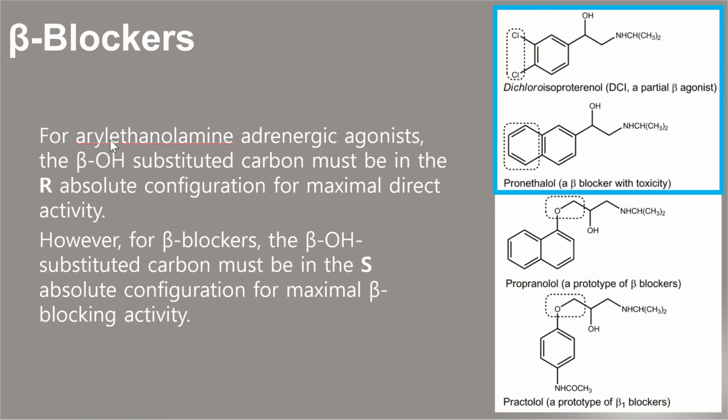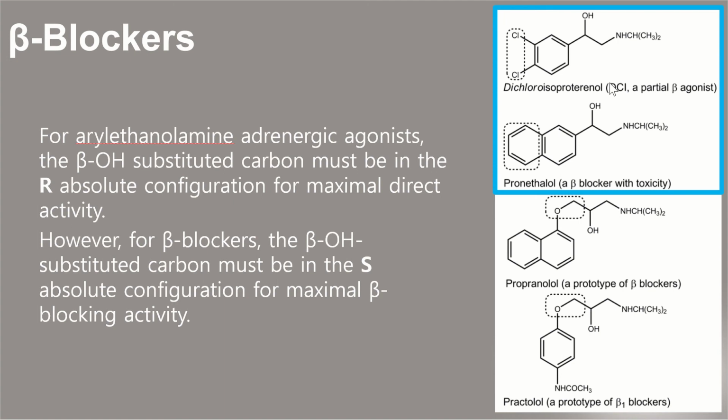So let's break down the name again. We have our aryl portion, which is our aromatic ring. We have our ethanol portion, which is 2 carbons, and our hydroxyl, so that is our ethanol, and our amine portion as well.